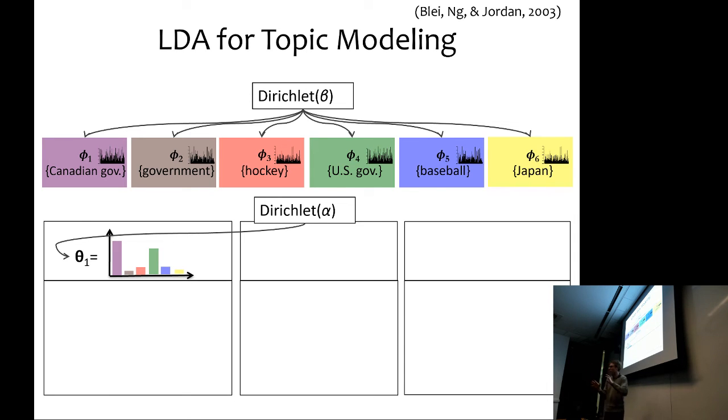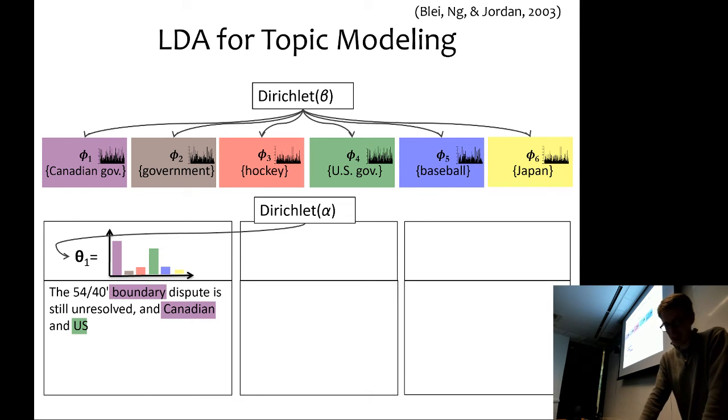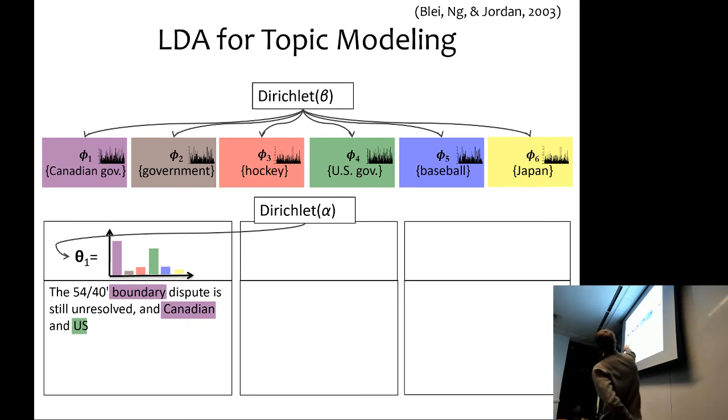So this distribution only considers 6 different bars, right? One for each possible topic. So in this particular document, it seems like it's mostly going to be about Canadian government and US government. So we start sampling words, one at a time. So the 540 boundary dispute is still unresolved in Canadian and US.